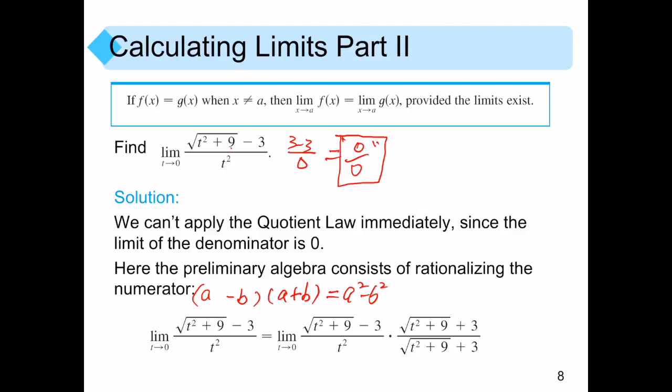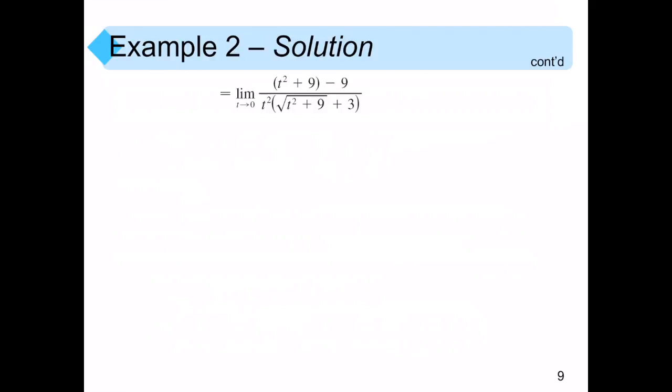Let's see what happened. When you multiply it out, the square of the square root of t squared plus 9 gives you t squared plus 9. Then you minus 9. Then you get a very nice result for the numerator, t squared. Then you can cancel the t squared.